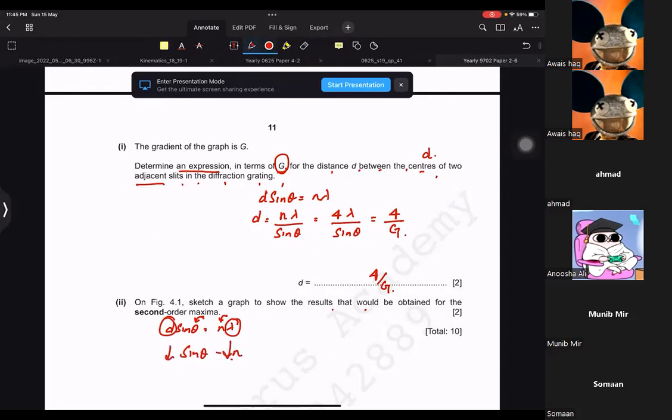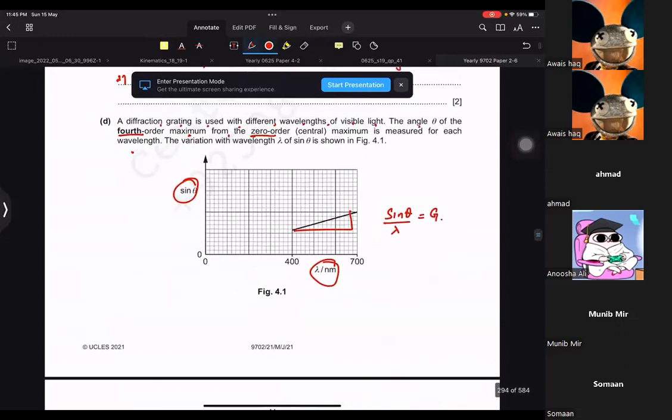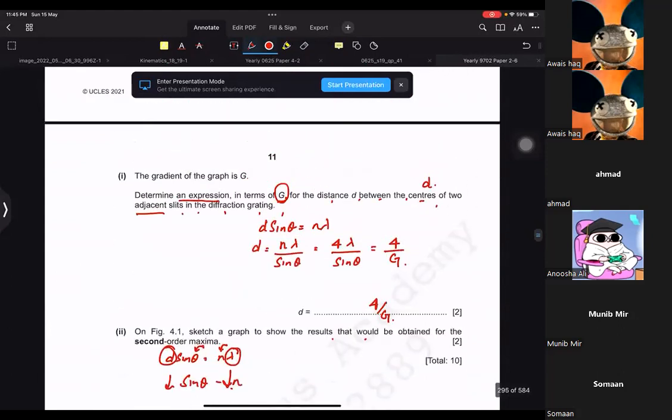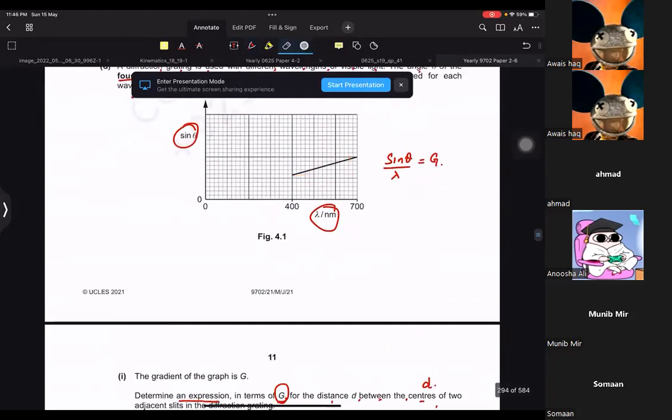It means for every different wavelength, for the lower order, the angle is going to be lower, but it will still be a straight line. So this means that at 400 it will be a lower one, at 700 it will be a lower one, but the question is how much lower?